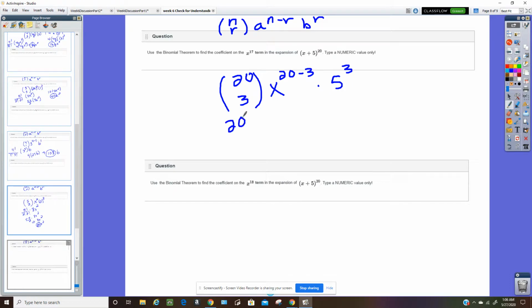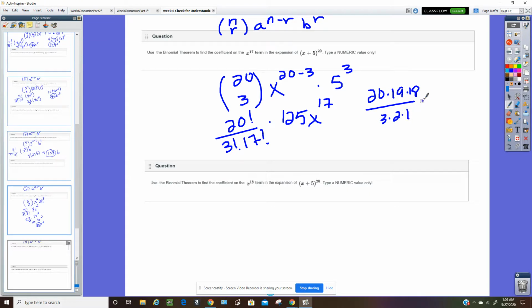So 20 factorial over 3 factorial times 17 factorial. And this is times 125 x to the 17th. And this here would be 20 times 19 times 18 over 3 times 2 times 1 times 125 x to the 17th.